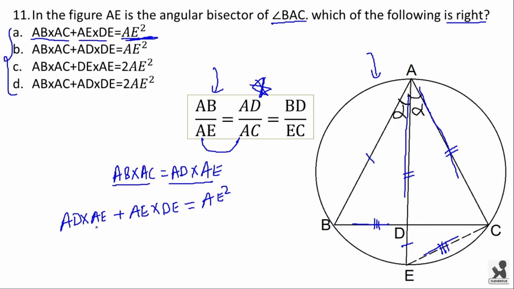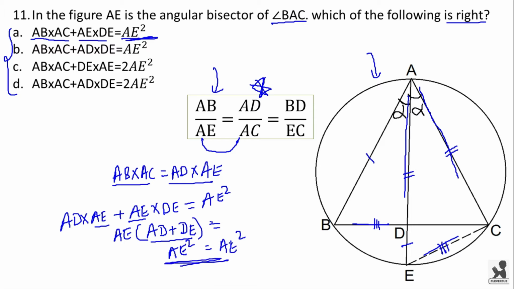Here you can take AE common, so you will be having AE into AD plus DE. Here AD plus DE is AE, so you have AE into AE, which is AE square, which is equal to AE square.